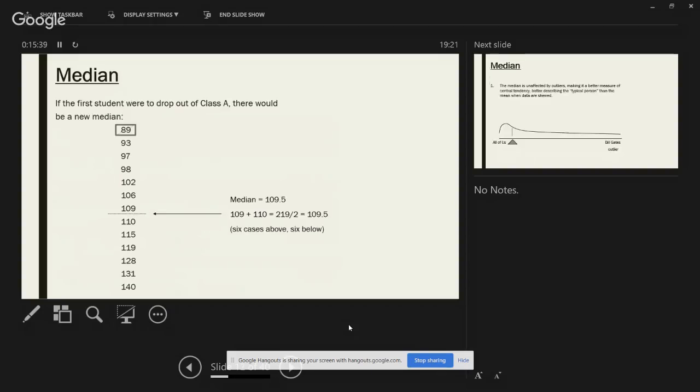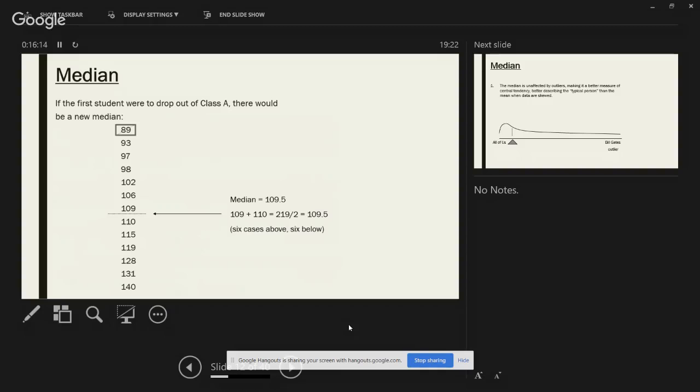But in case of an even number, say instead of 13 students we only have 12 students. In the next example, we are removing one of the students who has an IQ of 89. Now we have 12 students. To calculate the median value, it is done by taking the middle two values, which is the sixth value and the seventh value.